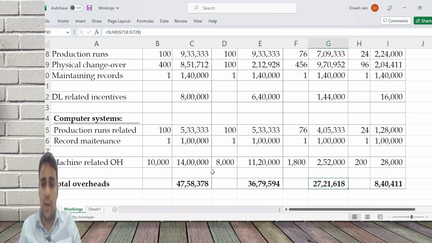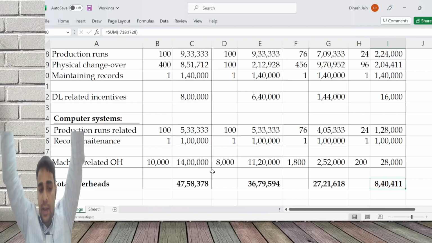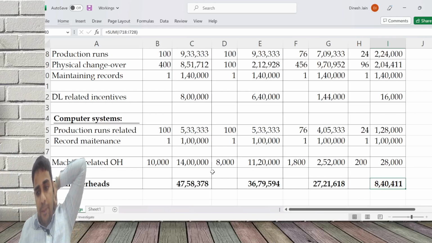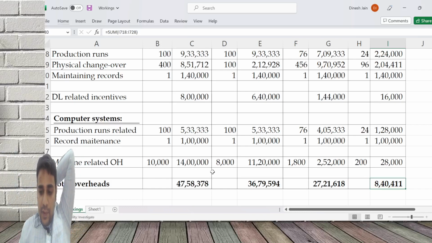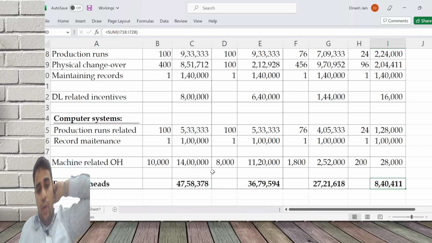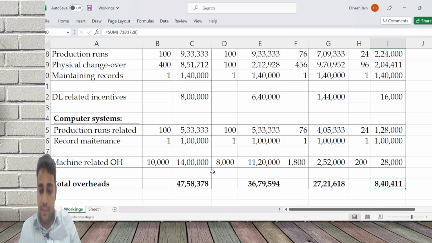It's adding up to 1 crore 20, with some 1 rupee extra. Please add up and get the overall overheads figure. It is going to have some deviation, which is more of a rounding deviation.